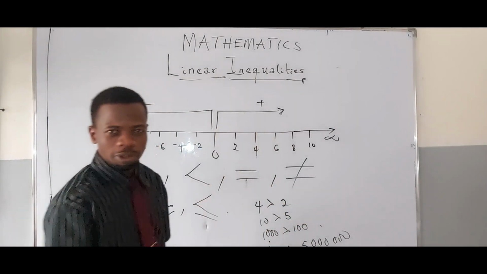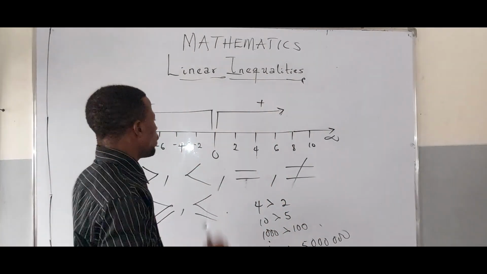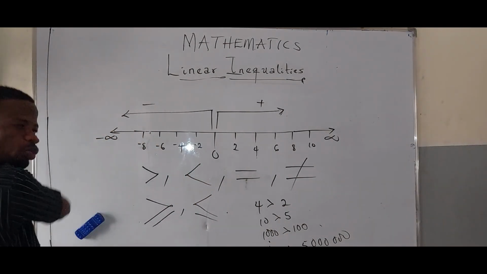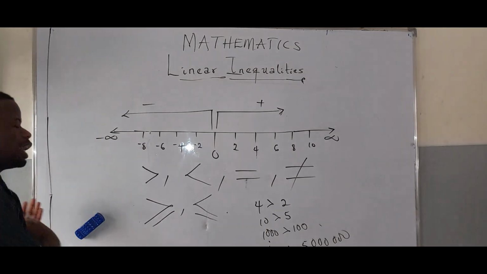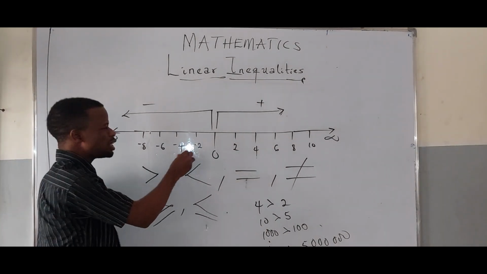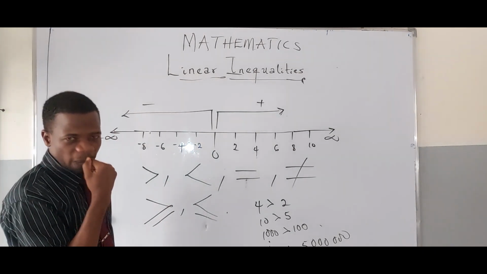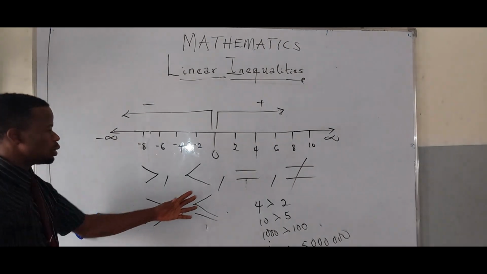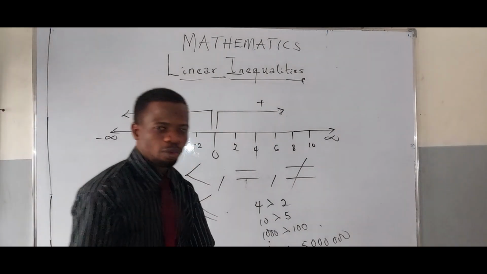The further you go, the bigger it becomes. But here, the more you move to the left-hand side, the smaller the number becomes. That implies that minus 4 is smaller than minus 2, right? So from there, you can represent all these numbers and use all these symbols to answer your questions.